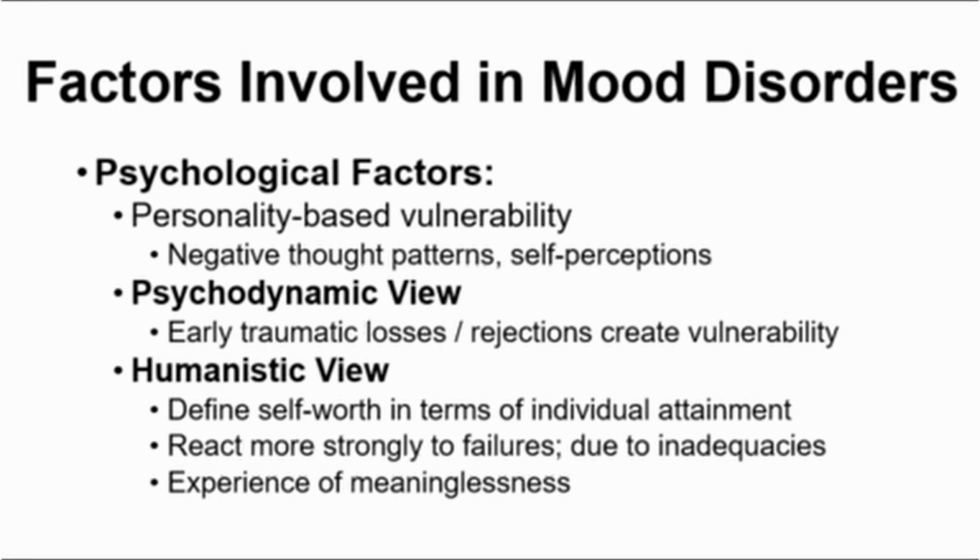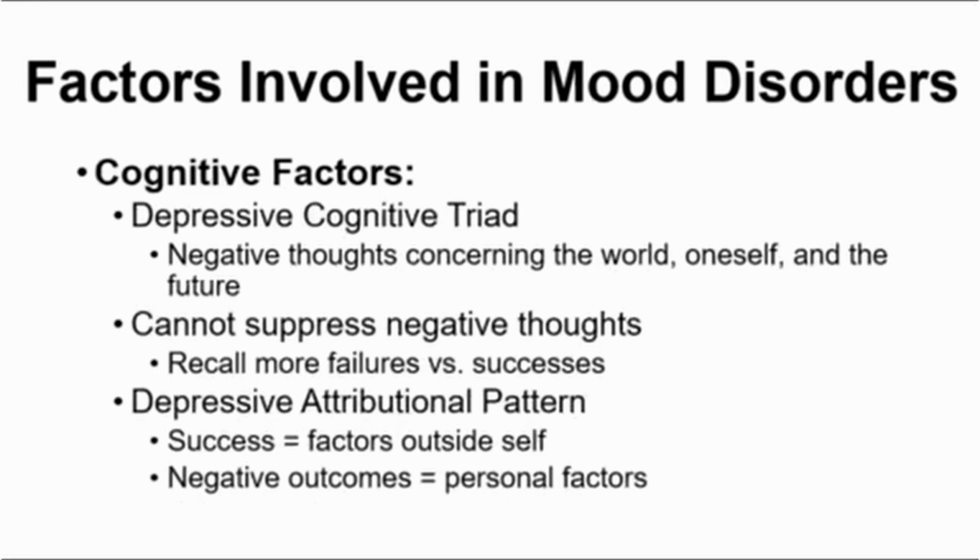And some of our thought processes, when we look at the thought cycles of those with depression, line up with a lot of how they tend to frame things. Which leads us nicely into some cognitive factors. So when we look at depression, we have what's called a depressive cognitive triad, where we have three broad categories of negative thoughts that tend to occur when someone is depressed, and that negative pessimistic framework tends to keep them depressed.